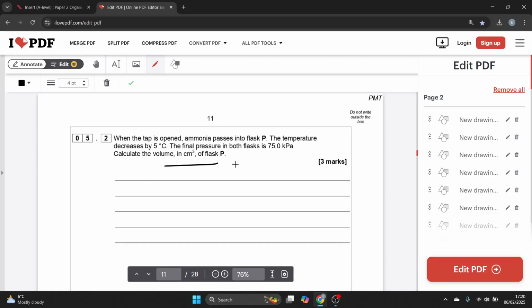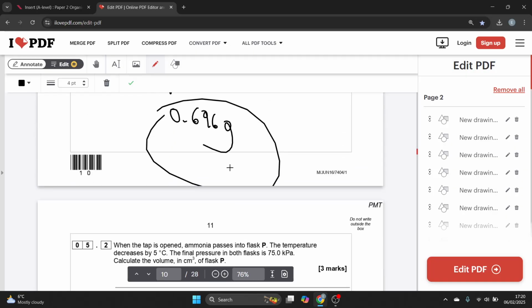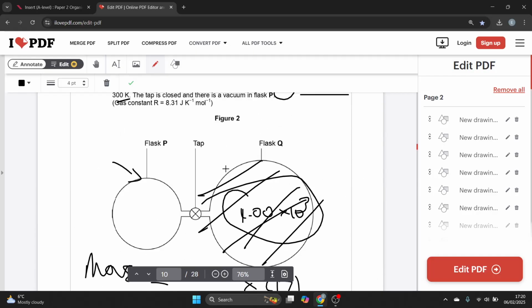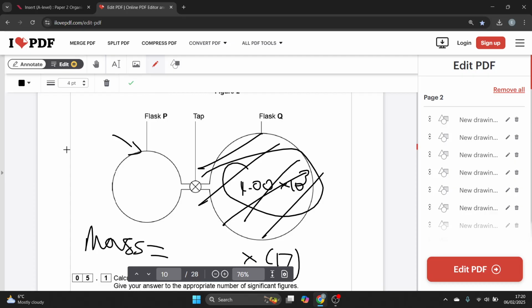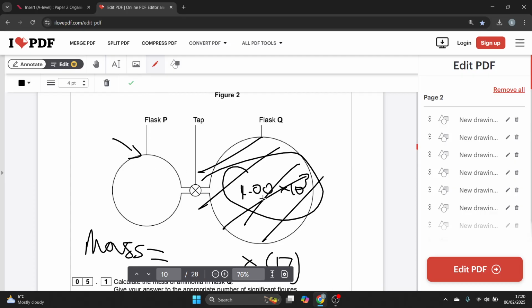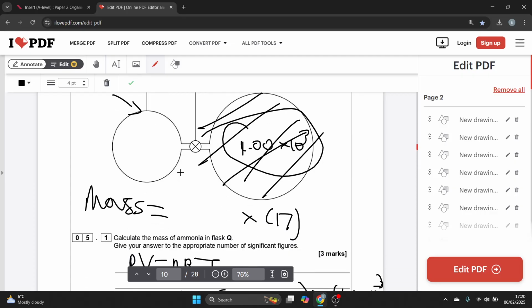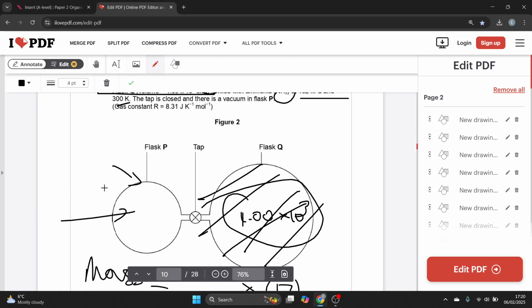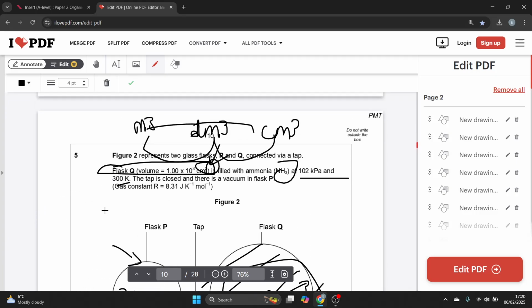However, what I can do is find the total volume in flask P and Q, and then subtract flask Q, and then I'll get flask P. Easier said than done, but how do I do that?